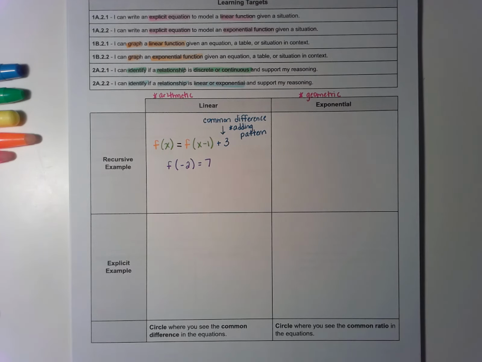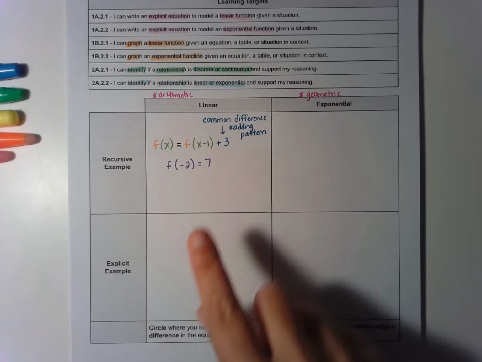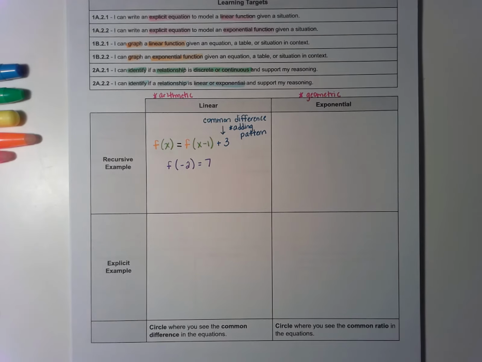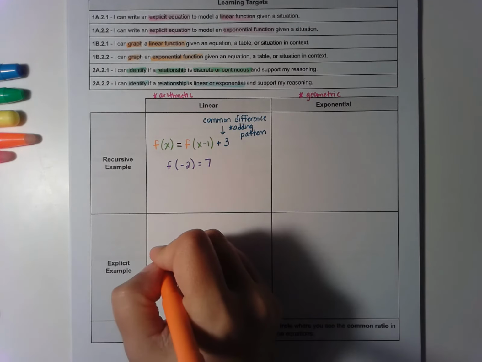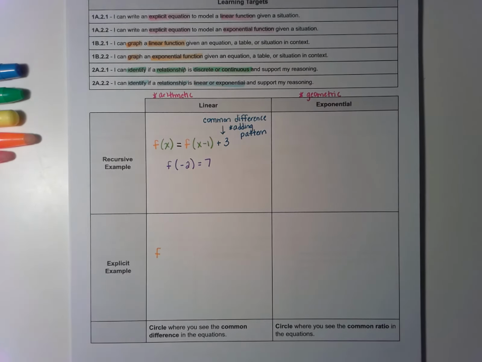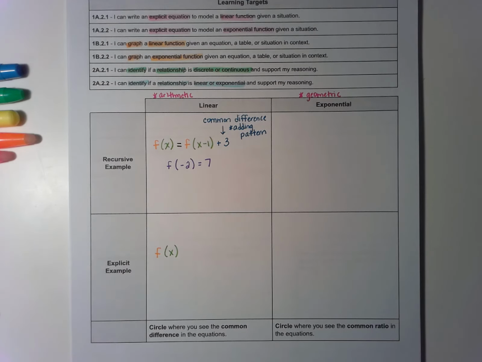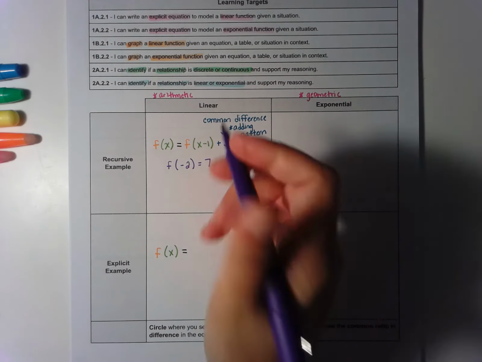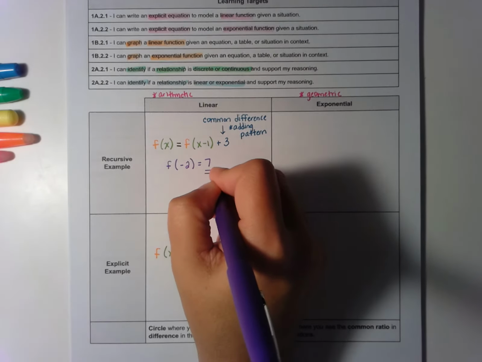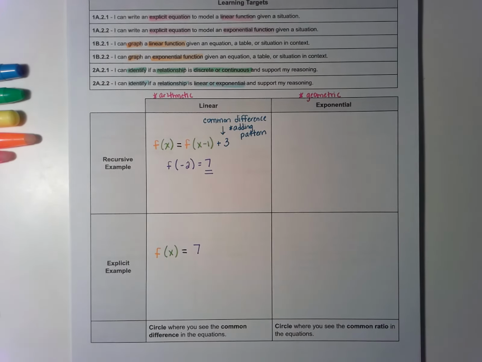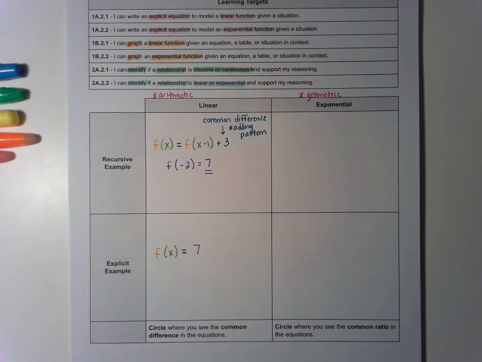Now, if I wanted to turn this recursive equation into an explicit equation, it would start the same way. So I would still have f of x, output on the outside, input on the inside, equals, then I would need my starting output value. So since the starting output value here is 7, my starting value here in the equation would be 7.